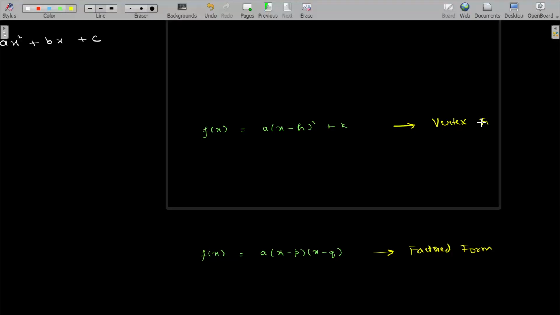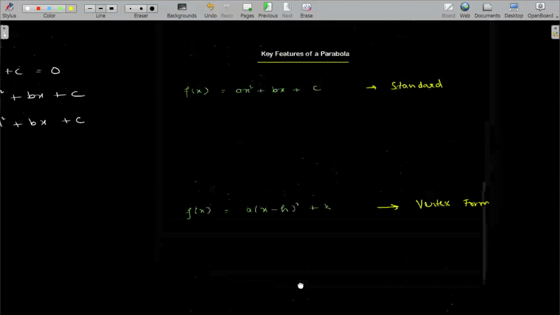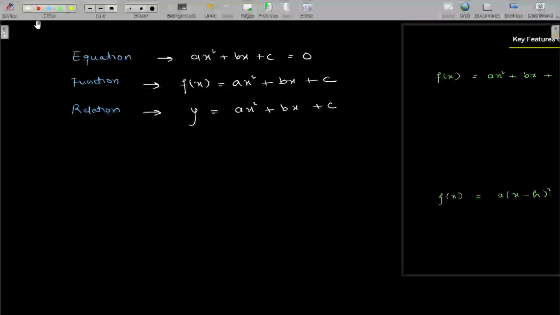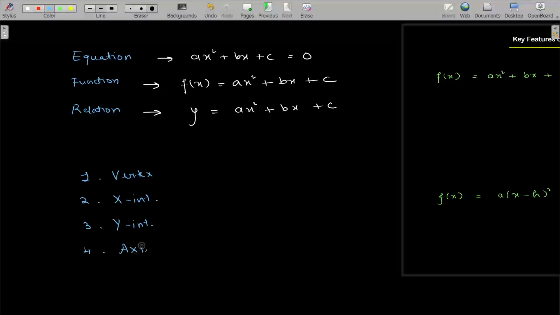So now we will do the 5 features of a parabola. First of all, let's make a list of the 5 features. As you said, first one is vertex, then we have the x-intercept, number 3 we have y-intercept, then axis of symmetry, and minimum or maximum value.